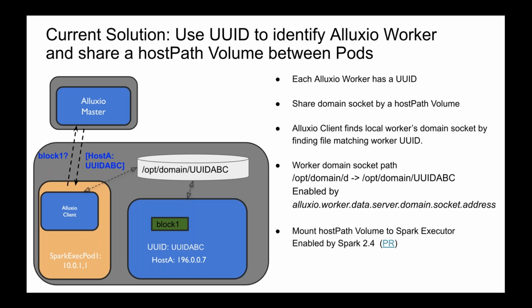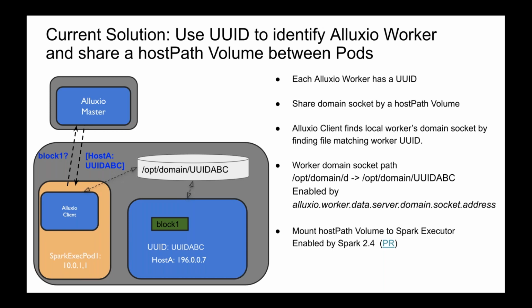It puts its domain socket file, which is at this path /opt/domain/UUID-ABC, in the host path volume, which means you put this file in the physical host of this node, and this is a volume that's mountable to different pods. It shares the domain socket by this host path volume with the Spark executor pod.